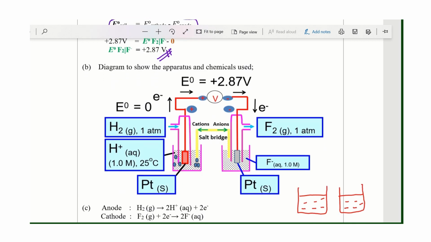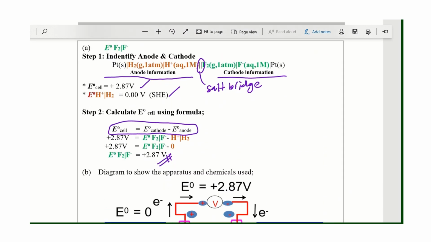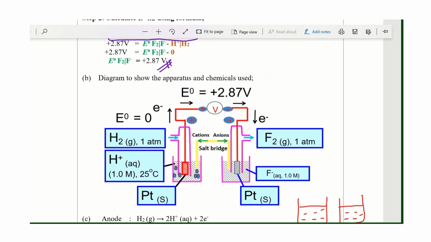Normally we draw the substance at the anode at the left side. So the anode is hydrogen. We have a tube, and we draw hydrogen gas at 1 atm flowing in the tube. The electrolyte we label as H+ aqueous, with conditions of 1 molar and 25 degrees Celsius.